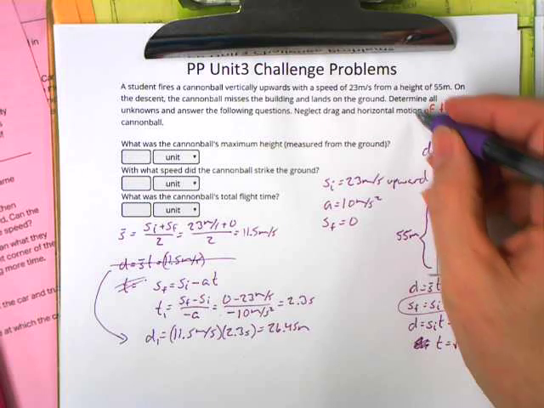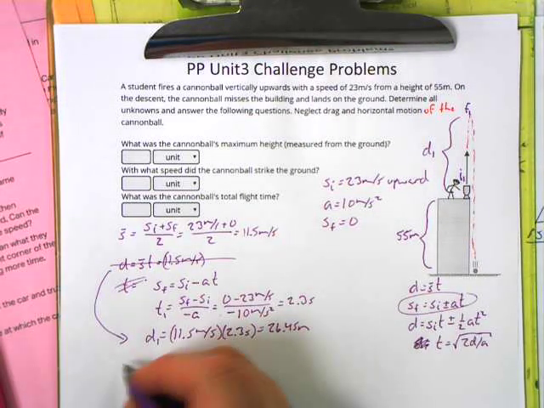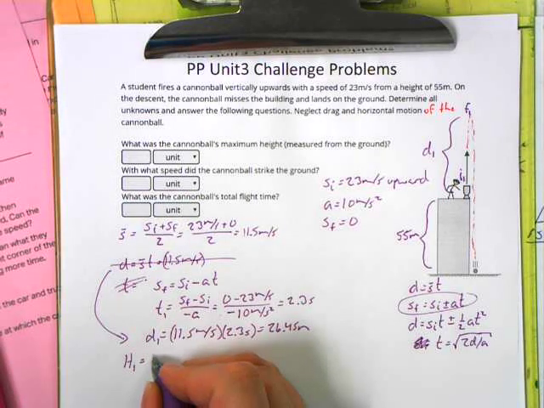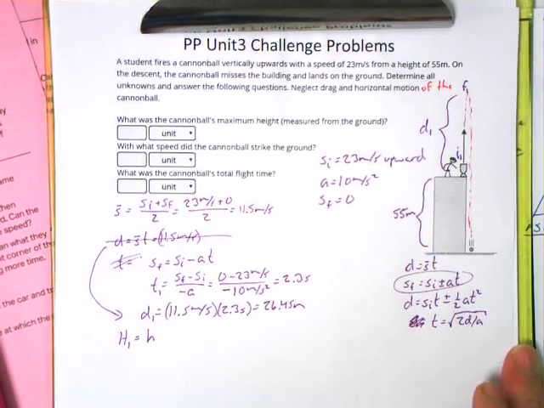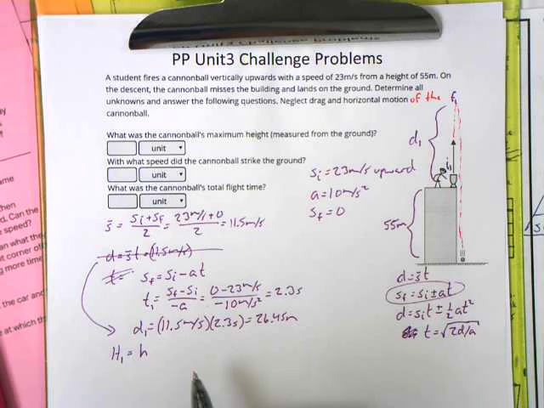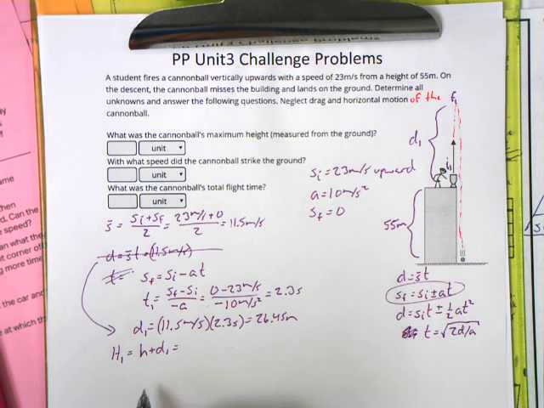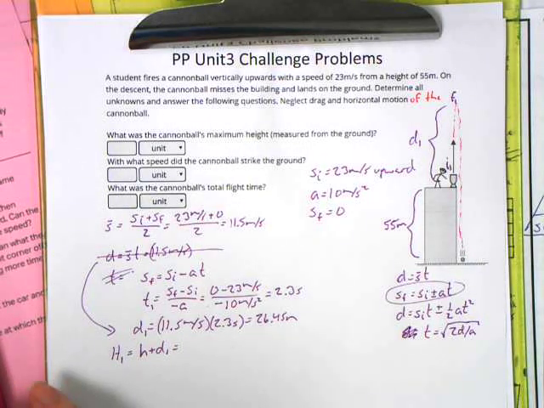The height that they asked for, h, let's say h is the total height for part 1, how high above the ground. That's equal to the height of the cliff or box or whatever it is, building, plus d1. So that's 55 plus this guy here, 55 plus 26.45.